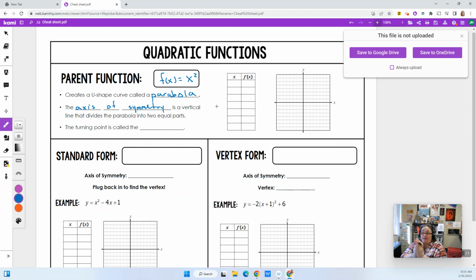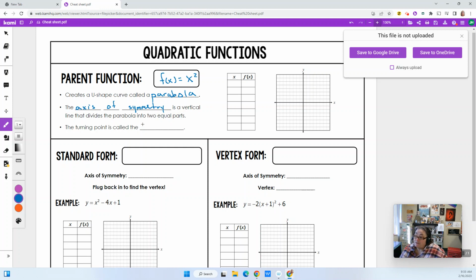So it's that turning point, right? That folding point where we know everything is the same on both sides. It's why when we find that vertex, we only have to find the points on one side or the other of the vertex, because we know they're going to be the same on the other side. That axis of symmetry is the reason that happens, right?